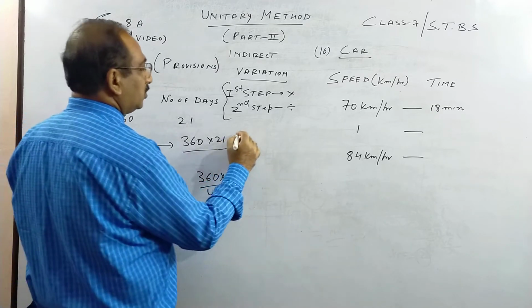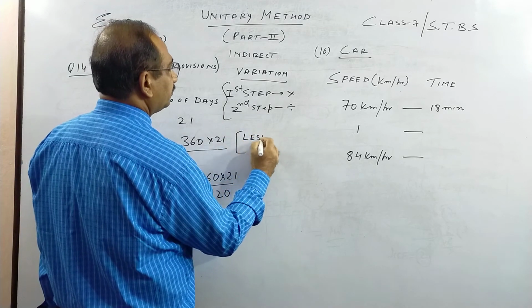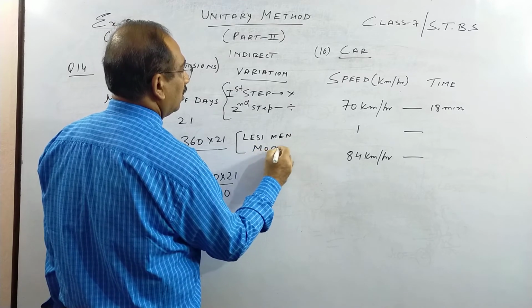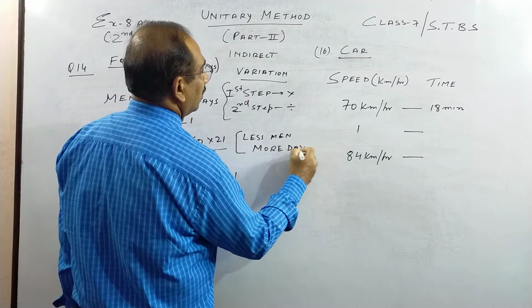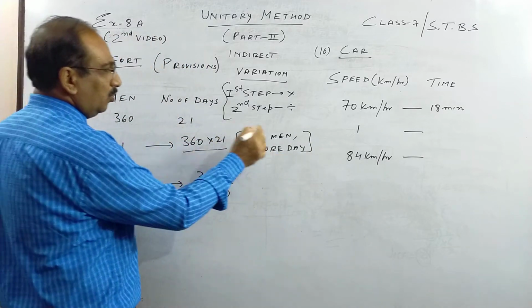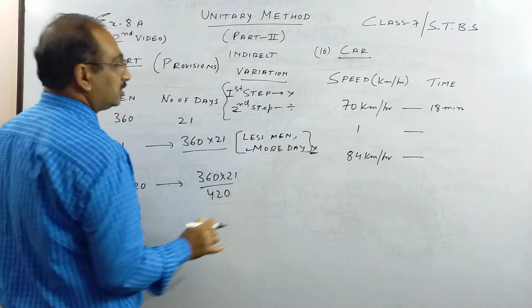So here, as I was doing, this is not necessary what I am doing. Less men, more days. Got it? So see, the next line means multiplication. More means multiplication here. This is not cross, this is into.